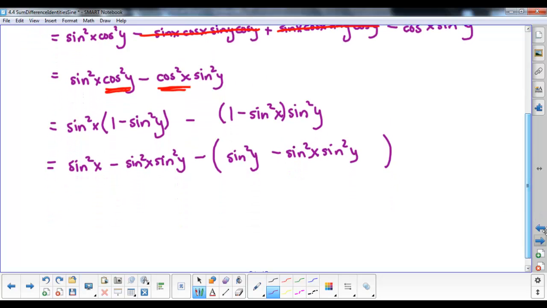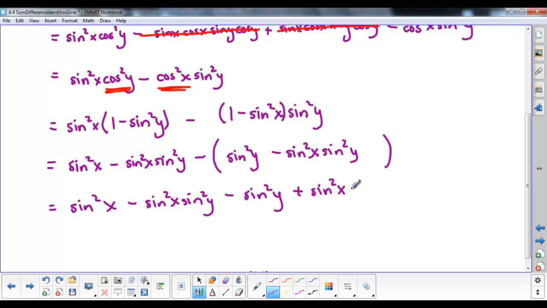And then eventually when we do distribute this negative term into that bracket, we're left with sine squared x minus sine squared x sine squared y, take away sine squared y plus sine squared x sine squared y.